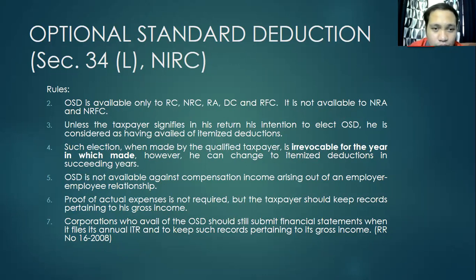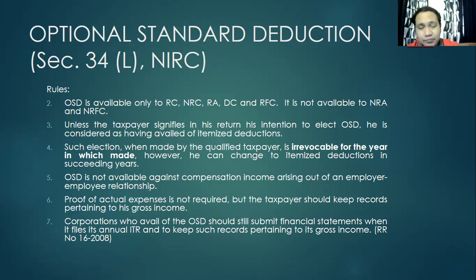So number 3 rule, unless the taxpayer signifies in his return his intention to elect the optional standard deduction, he is considered as having availed of the itemized deduction. So you have to let the BIR know that you are availing the optional standard deduction, because otherwise, kapag hindi mo sinulat, then you are considered to have availed of the itemized deduction.